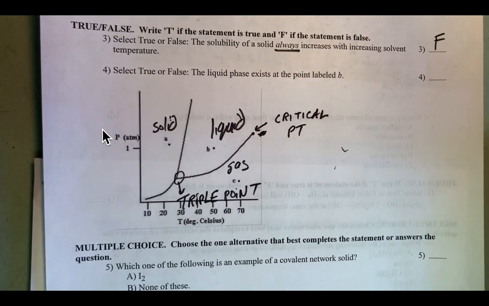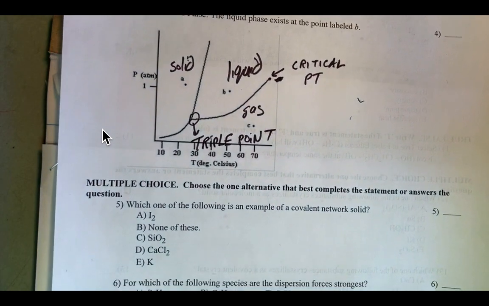There, the substance is neither truly a liquid nor a gas. It's something like a really dense gas or a really thin liquid. So a super thin liquid, super thick gas, something like that. Imagine a really thick fog, something like that.